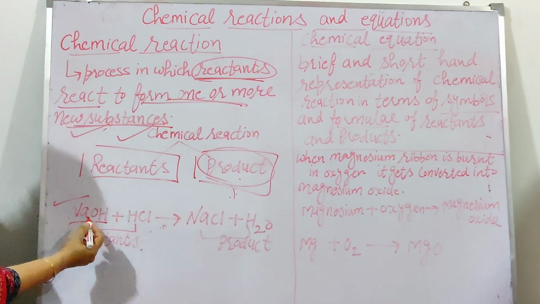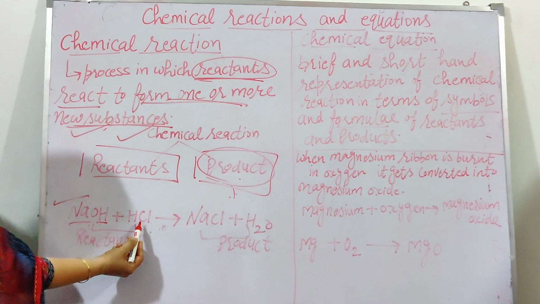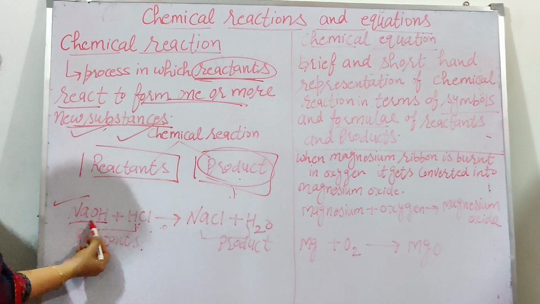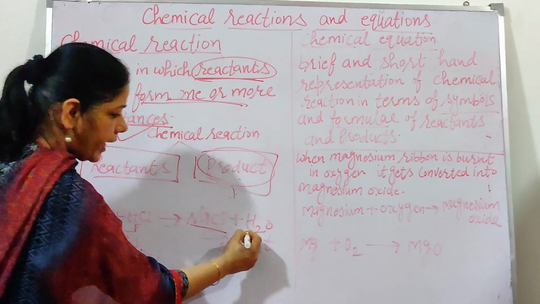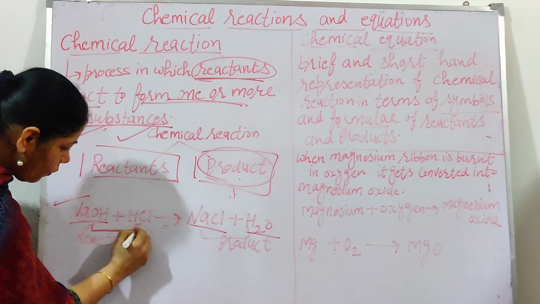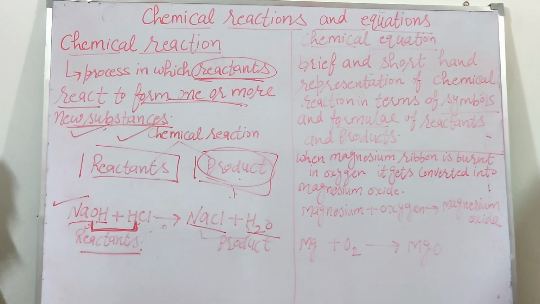For example, when sodium hydroxide reacts with hydrochloric acid, NaOH and HCl, when they react with each other, they form NaCl, sodium chloride, and water. Now you can see NaOH and HCl, they react. That's why they are called reactants.